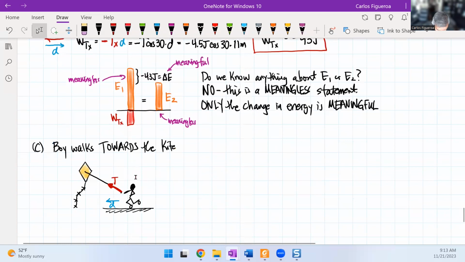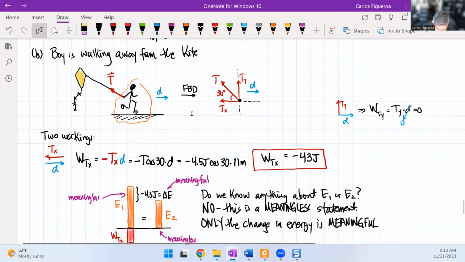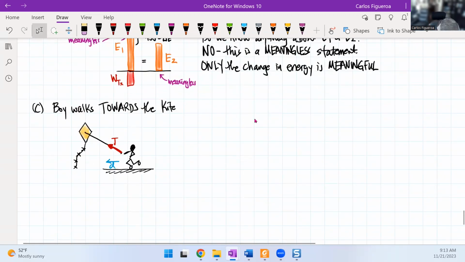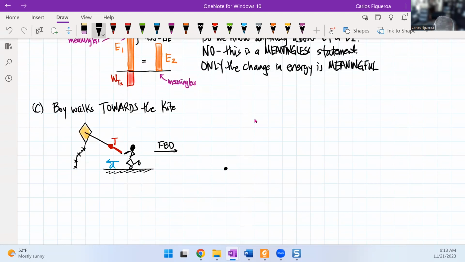So if I follow the same process as up here, I'm going to focus on a free body diagram. If I look at the exact same free body diagram, I still have my tension that's broken down into Tx and Ty, but now the displacement has changed directions.